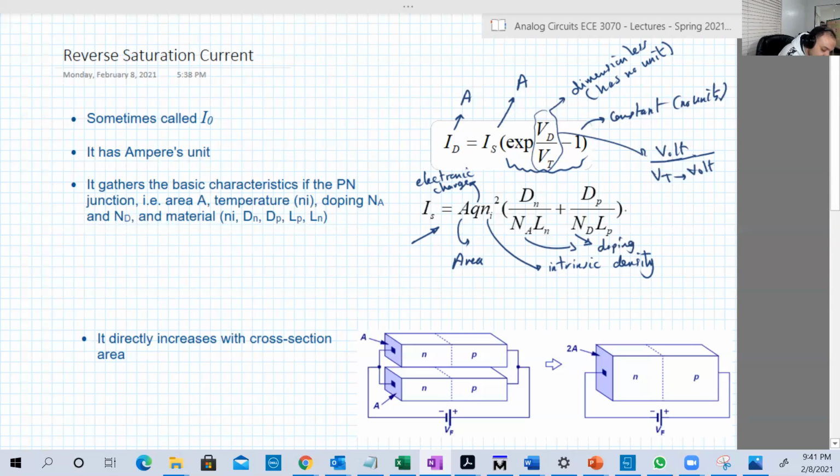And other parameters called Lp and Ln, which we see for the first time. This is called the diffusion length. It's another constant like Dp and Dn, also depending on the material, silicon, germanium, whatever.